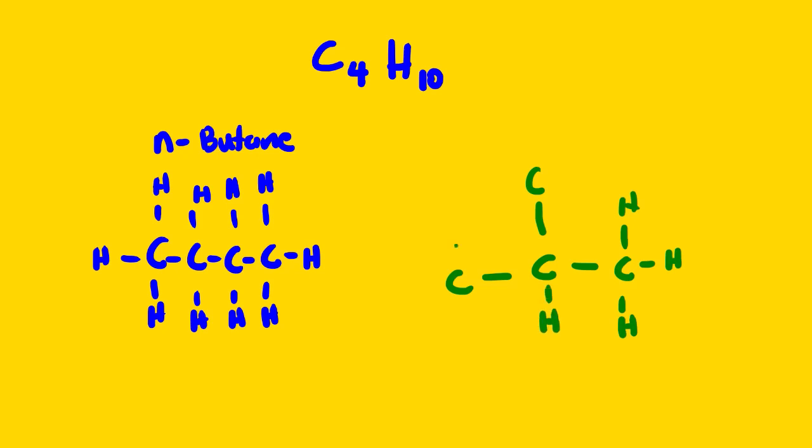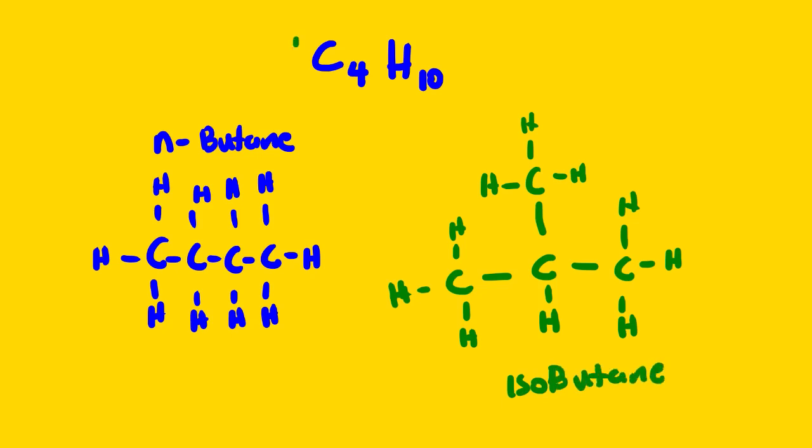Can quickly fill in these hydrogen atoms. Then this one also has 3 hydrogen atoms. If you can check, we do have 10 hydrogen atoms. It's isobutane. So you can see that the molecular formula is the same, but the connectivity is not the same.